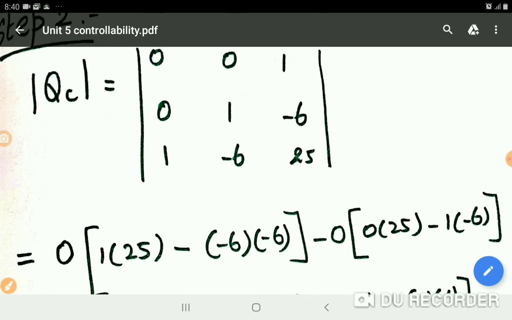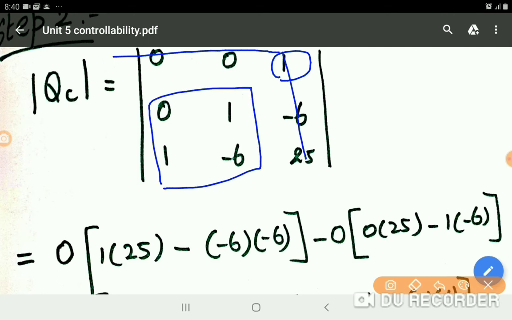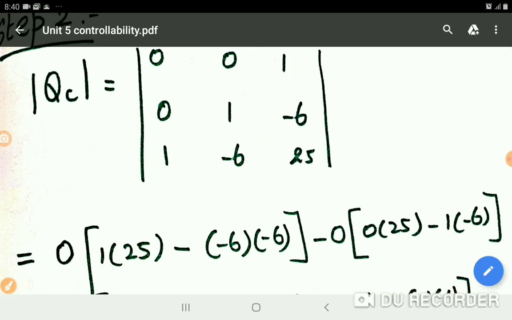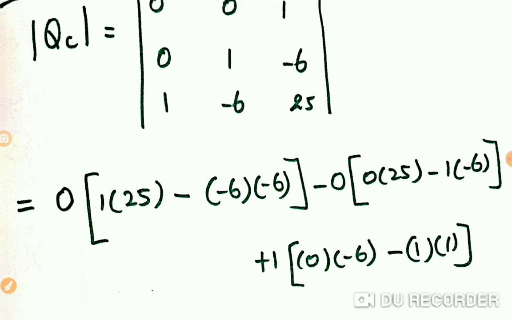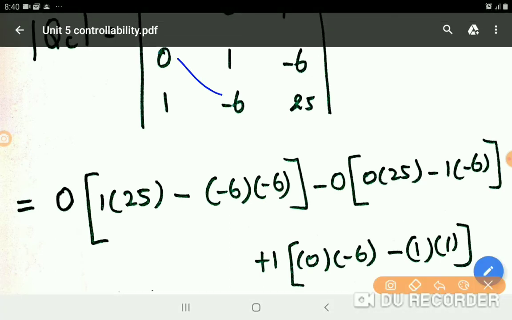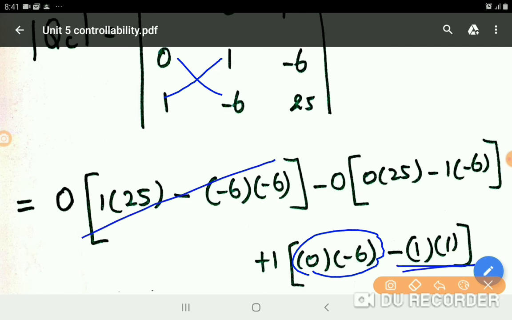And the third one is 1, 1, and we do it with this 2 cross 2 matrix. 1 into 0 into minus 6, then minus of 1 into 1. This term is 0, this term is 0, and here also 0. We got only 1 into minus 1.